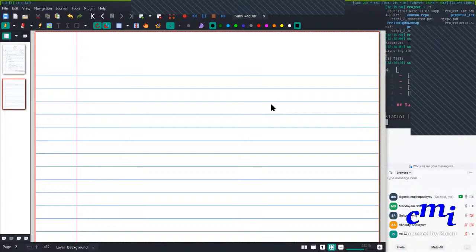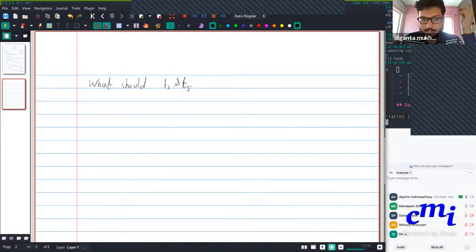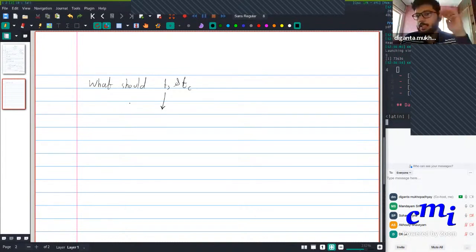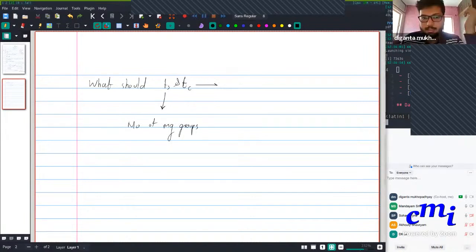See, this is a very pertinent and good question. This question of what should TS and TC be. The idea is, this entire code currently is parameterized by TS and TC. But what do TS and TC control? TS will control the number of merge groups, because you'll keep merging until you don't have anything less than TS score. Then TC controls the size of each merge group.